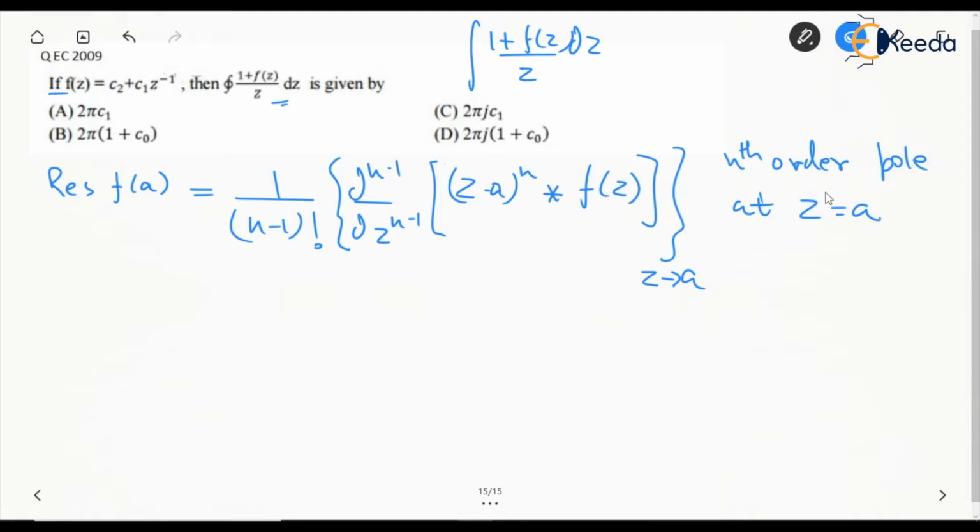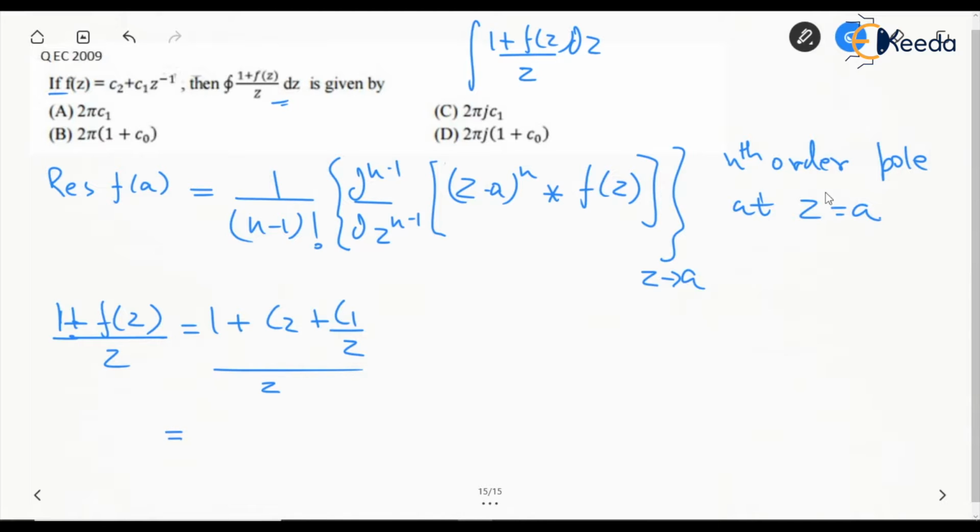So let's see what this is first. 1 plus f of z by z. This f of z is c2 plus c1 by z, divided by z.